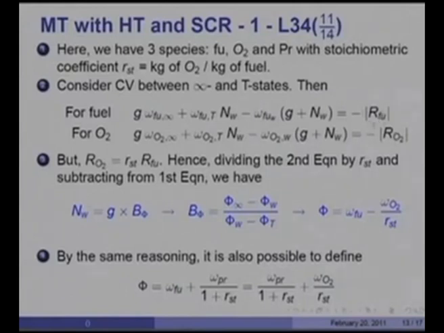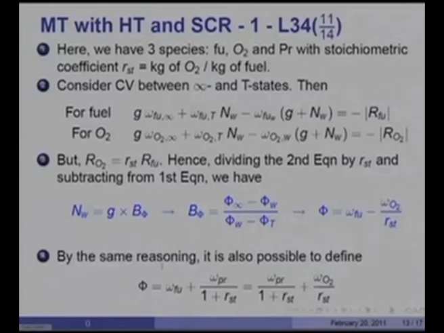So, that is why I have shown these are the volume averaged reaction rates RFU and RO2, but RO2 is equal to RST RFU, and therefore, if I divide this equation by RST and subtract from the first equation, I would again get essentially Nw equal to G B phi, where B phi is phi infinity minus phi W over phi W minus phi T, where phi is, as you know, a conserved property omega FU minus omega O2 by RST.